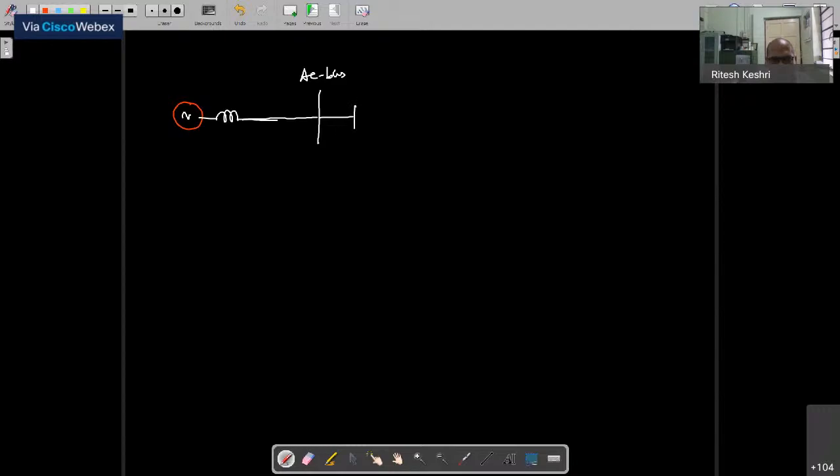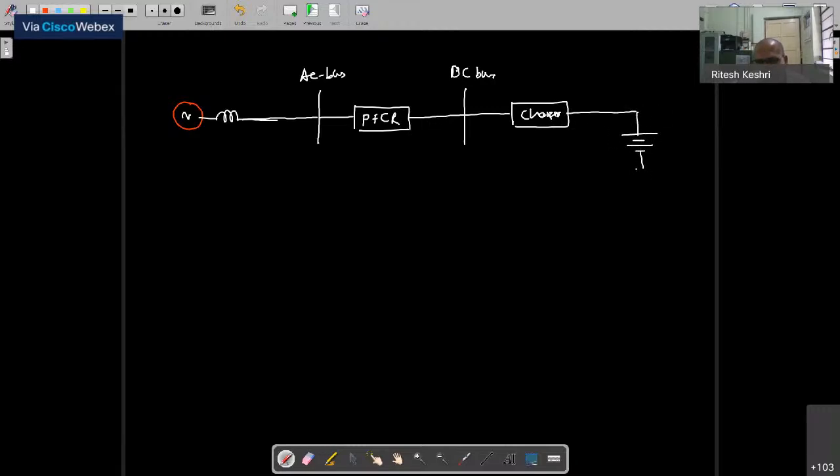Then we have the power factor correction rectifier, and here we have a DC bus. To this DC bus a charger is connected, and this charger is now giving energy to the onboard battery.